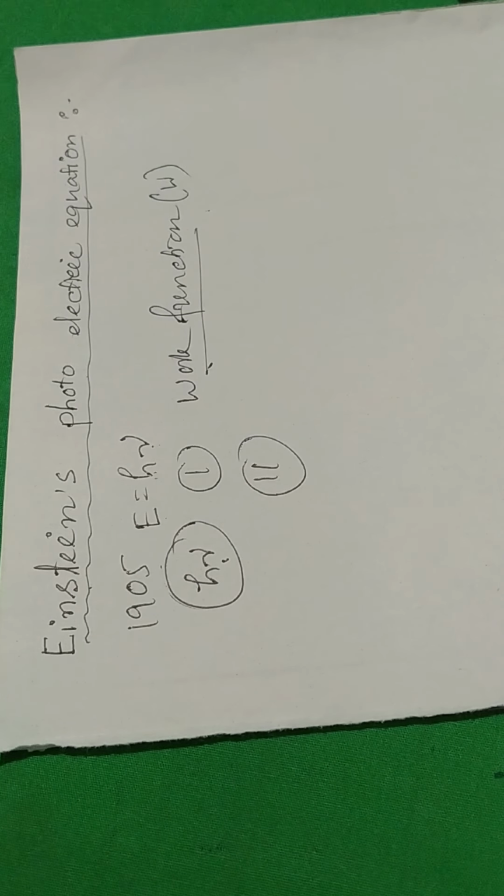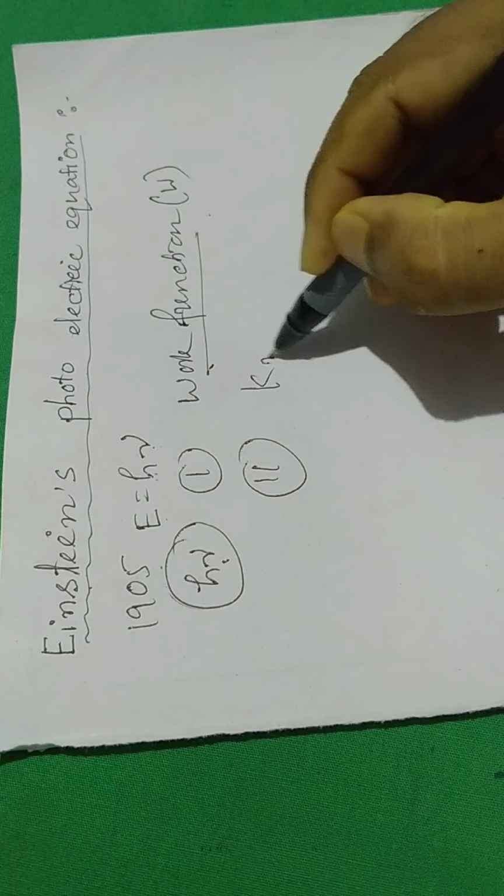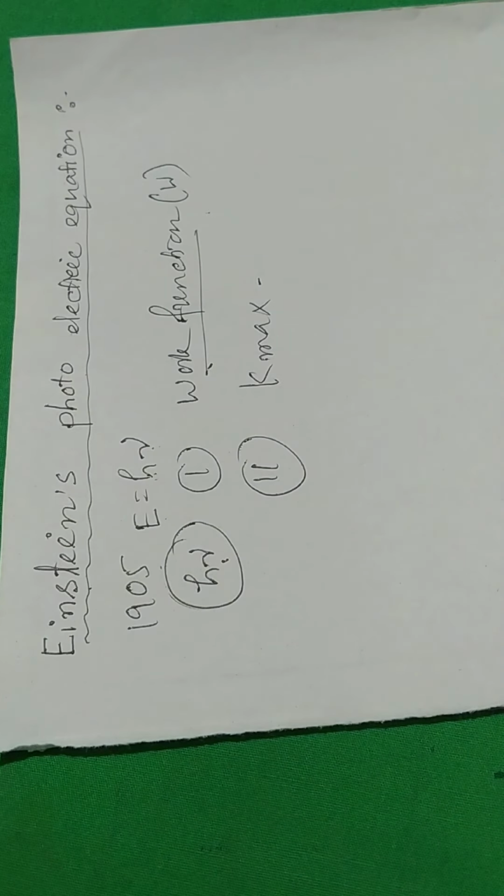And the rest of the energy of the photon is used in imparting the maximum kinetic energy to the emitted photoelectron. So the rest of the energy is given to the emitted photoelectron as maximum kinetic energy.